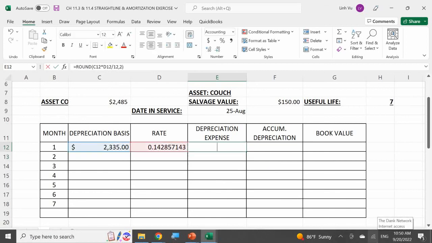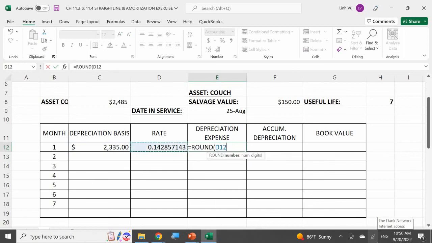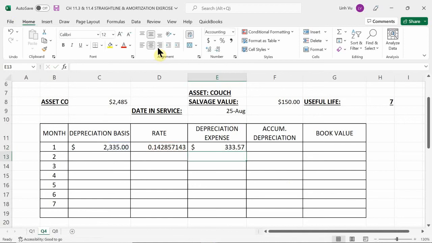No. Okay, what I did is I divided the 333 by 12, and then I multiplied it by... What was the question being asked right now?